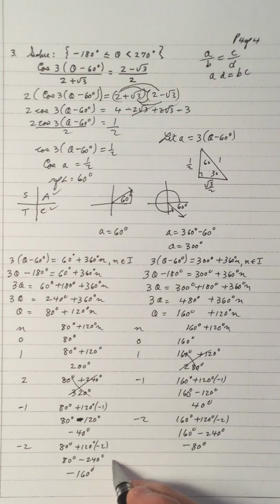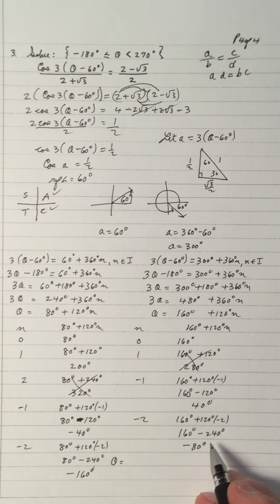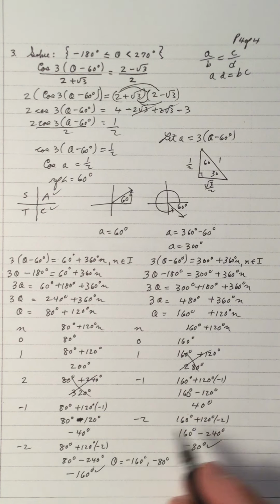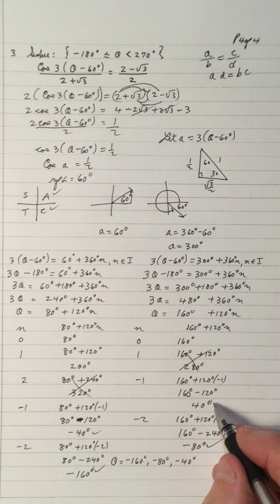So the answers, for theta, now you put them down in order from smallest to largest. So the smallest is -160. So tick them as you do them. The next is -80. Done. Next is -40. And the next one is 40.